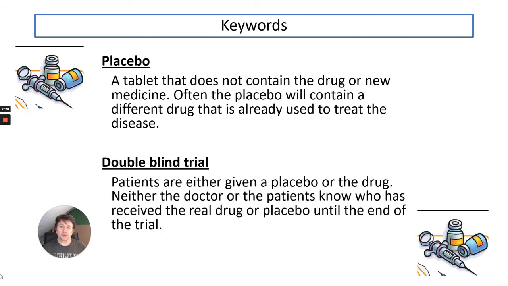A double-blind trial is where the patients are either given a placebo or the drug, but most importantly, neither the doctor nor the patient knows who has received the real drug or placebo until the end of the trial. Sometimes they don't even tell you at the end of the trial, and that's to reduce bias, and we'll talk about bias in a minute.